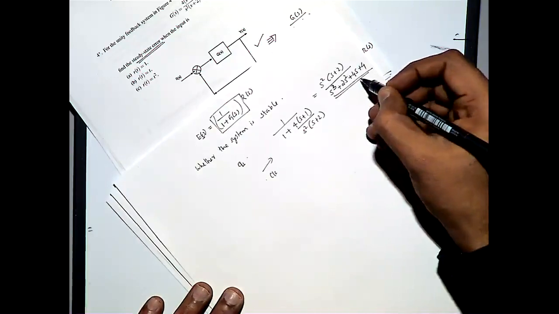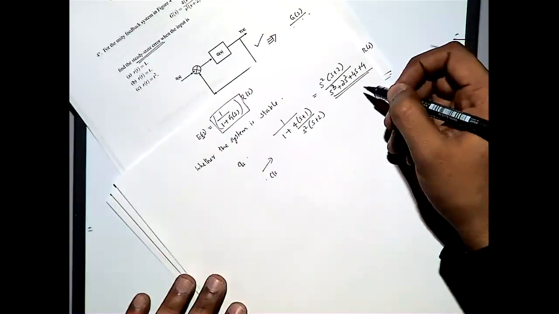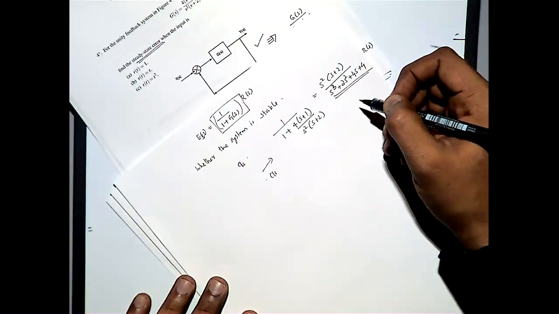Now you look at the characteristic equation and check whether this one is stable. It turns out that this one is stable, so I am skipping that step right now.